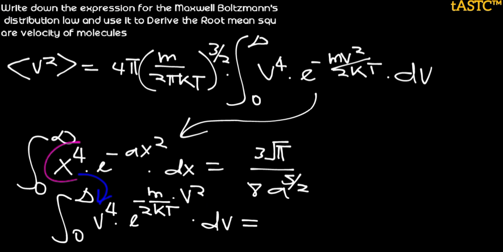We also got an x to the fourth, and a v to the fourth here. There is also a negative from the standard integral, and a negative here. So from there, we can see that a is obviously going to be equal to this whole stuff. So from here, we agree that a is equal to m divided by 2kT. That is what we got for a.